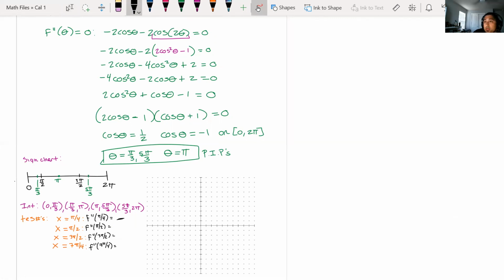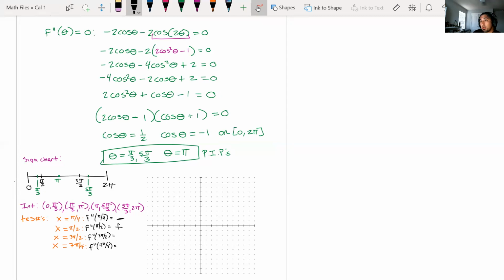Negative. If you plug in pi over 2, you'll get 0 for the first, and then 2 theta times 2 pi over 2 becomes pi. So you'll get a positive 2. So that'll be positive. And then 3 pi over 2, that is the same result.